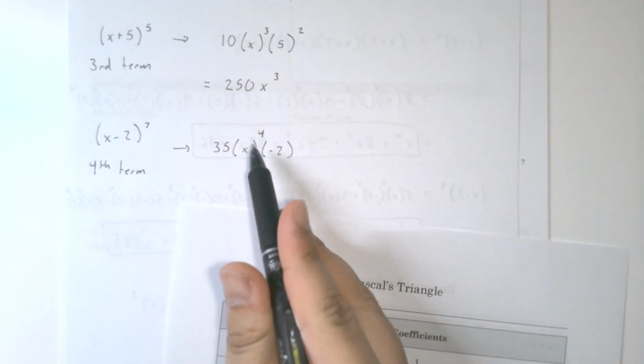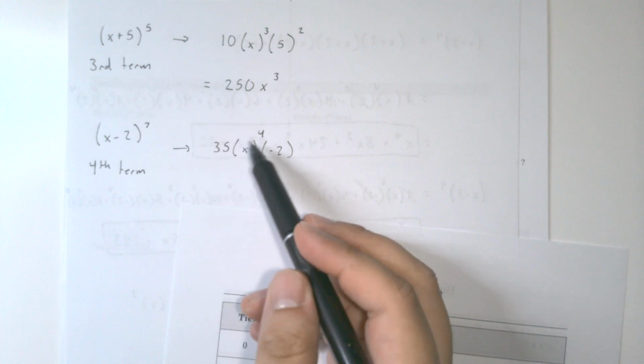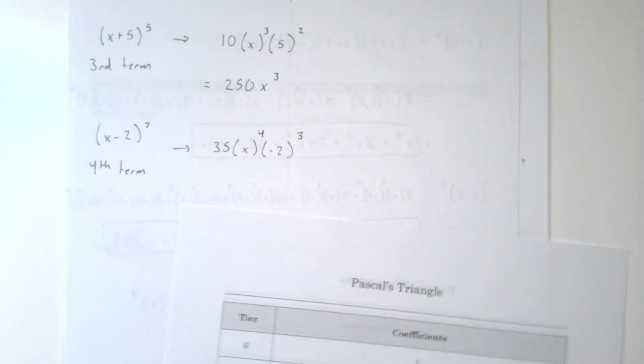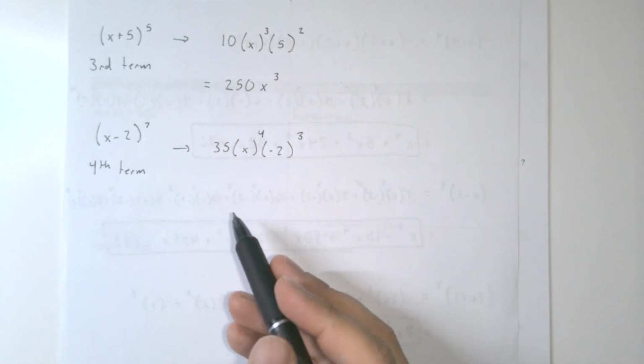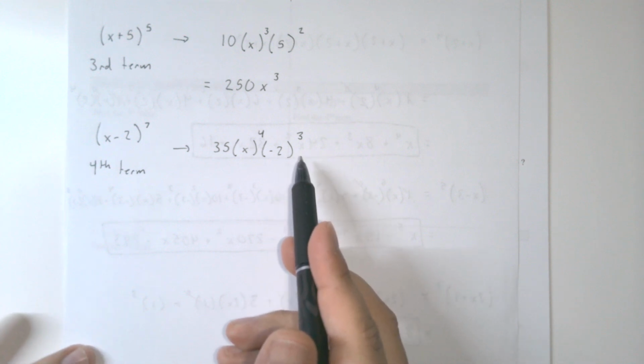And since this is a 4, we don't even need to look at Pascal's triangle anymore because 4 plus what number gives us 7? That would be 3. And then that already tells us everything that we need to simplify. So we have negative 2 cubed, which is going to be negative 8.